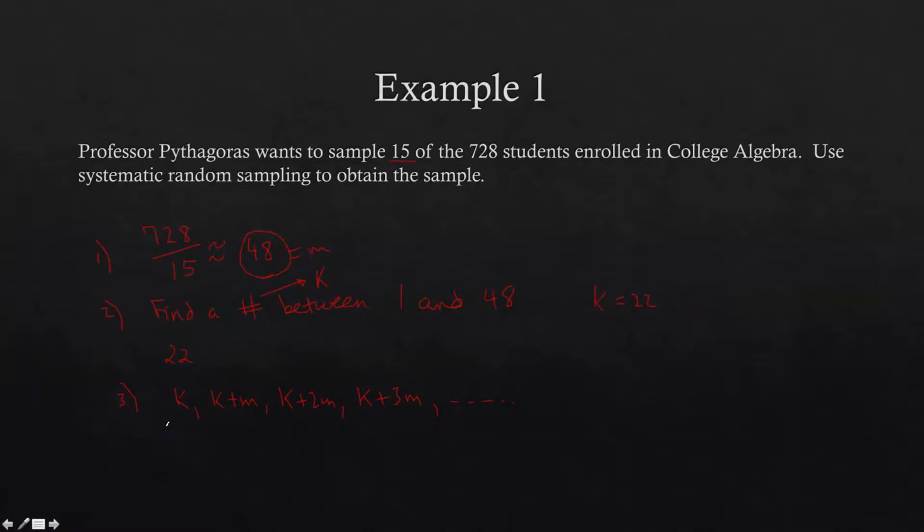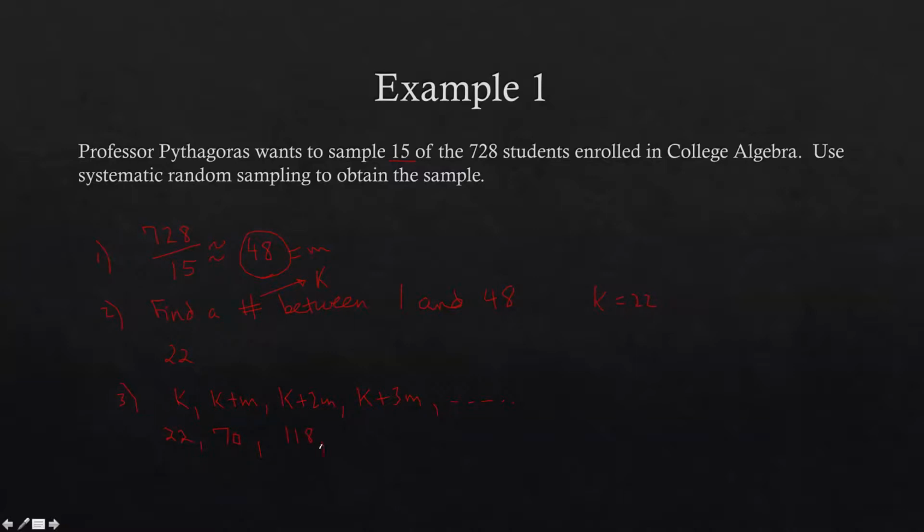Our k is 22. So k plus m: 22 plus 48 gives me 70. k plus 2m: 2 times 48 is 96, and 96 plus 22 gives me 118.